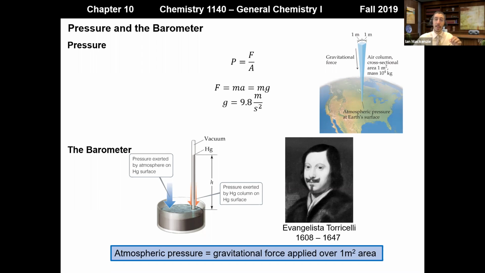The height of that column of mercury will adjust to be equal to that atmospheric pressure. That way both things are equal. If there were no atmospheric pressure at all, this would just fall entirely down by the force of gravity.